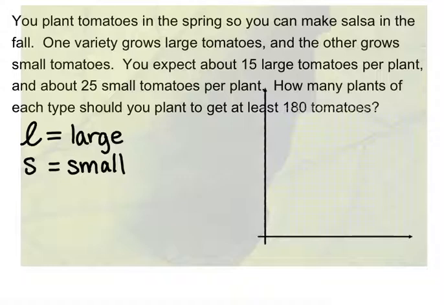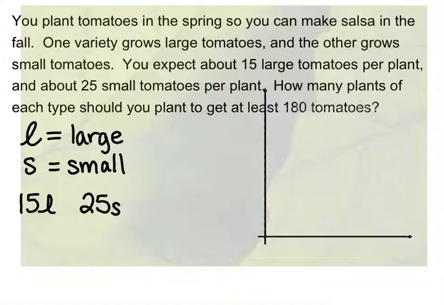It says you expect about 15 large tomatoes per plant and 25 small tomatoes per plant. So this is kind of working the same way as our last one, 15 per large, so that'd be 15L. 25 per small, so 25S.